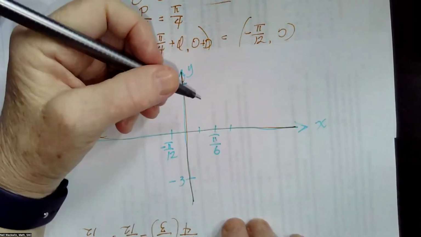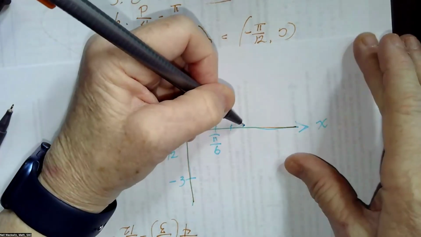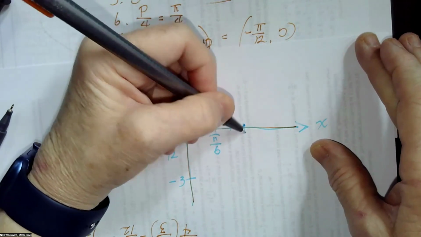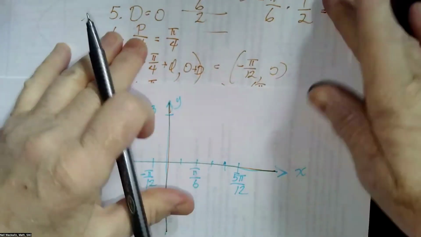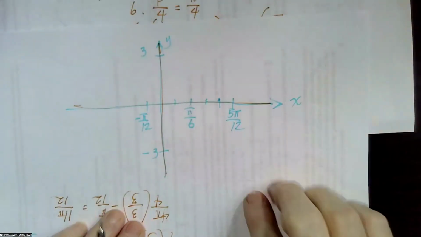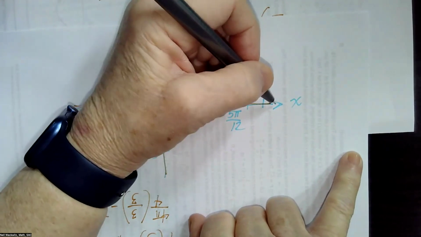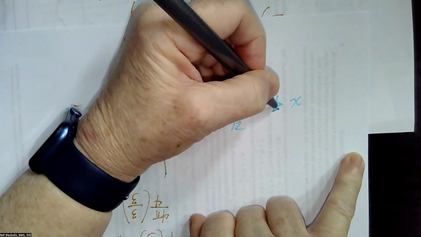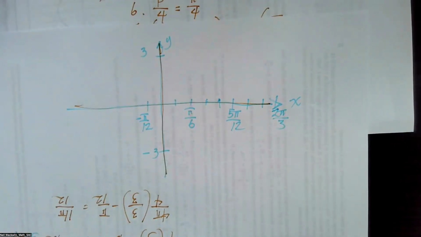We go to 5π/12. So this is 2, 3, 4, 5π/12. And then 2π/3, so 5, 6, 7. That's 8π/12, which is 2π/3.